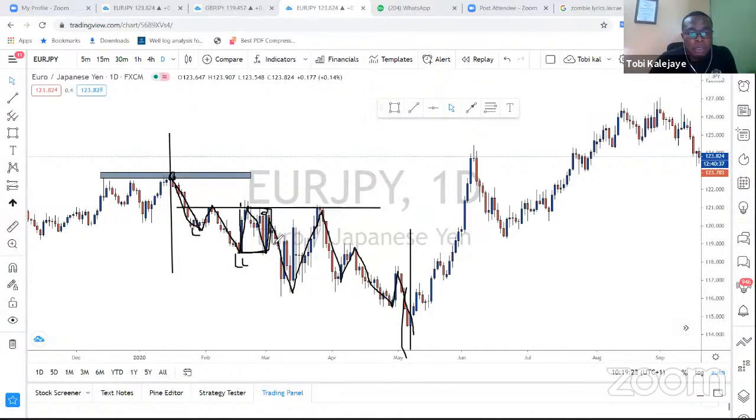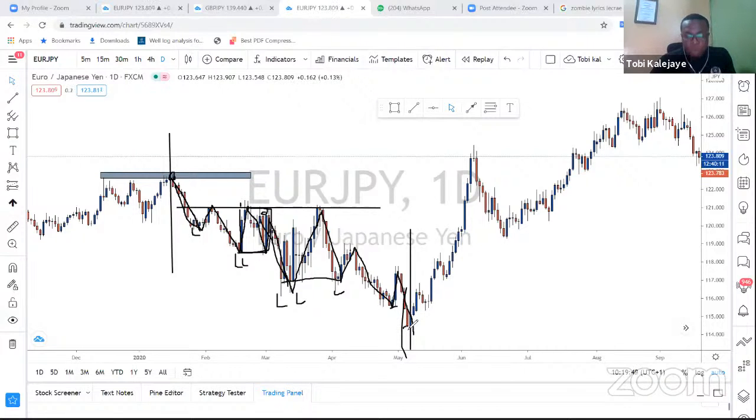And eventually what happened? Price pushed this sell and created a lower low point again. Price retraced back to this support level, and then it didn't create a lower low, but it's still a low, the same level as this. Then eventually price retraced and created another lower low up to this point.